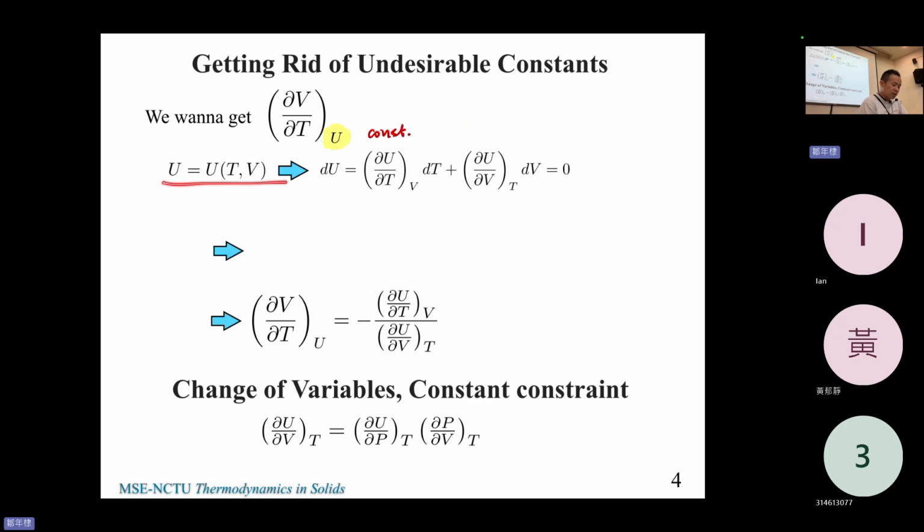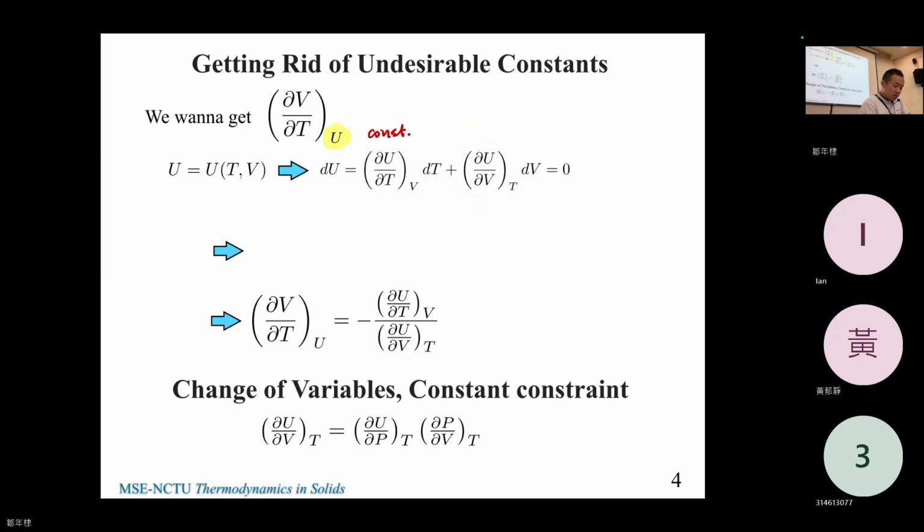So let's take a look. U is a function of temperature and volume, because we want to use volume and temperature, which we are familiar with. So du, the change of u, has two contributions, dt and dv, slopes, no problem.